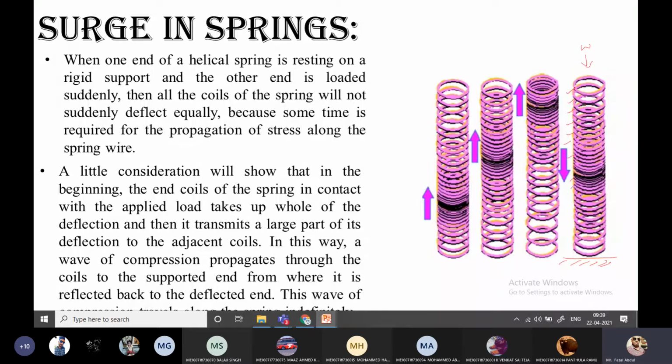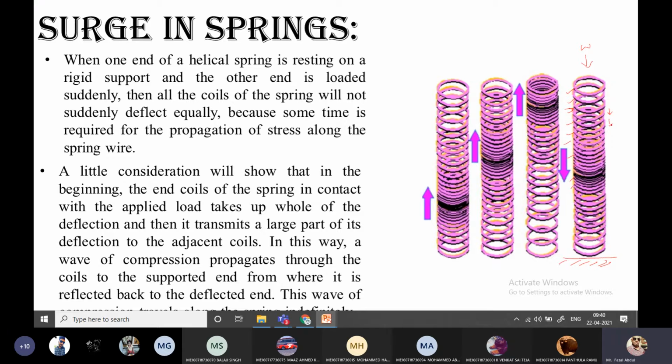That load is transmitted by the coils deflecting one by one. The deflection of the first turn transmits the energy from the top to the second coil, the second turn. The second turn takes the energy from the top, deflects, and transmits the energy to the third, and the third turn takes the energy from the top, deflects, and transmits it to the bottom.